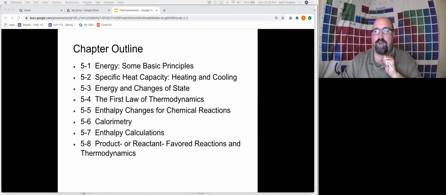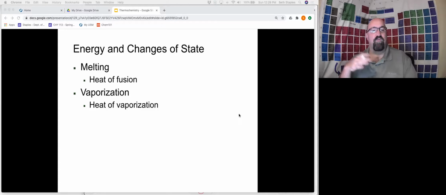Last time, once again, we discussed calculating energy by using Q equals mc delta T. And we can use that equation as long as there is a temperature change, because remember, specific heat capacity relates to the amount of energy required to raise or to lower the temperature of a certain substance.